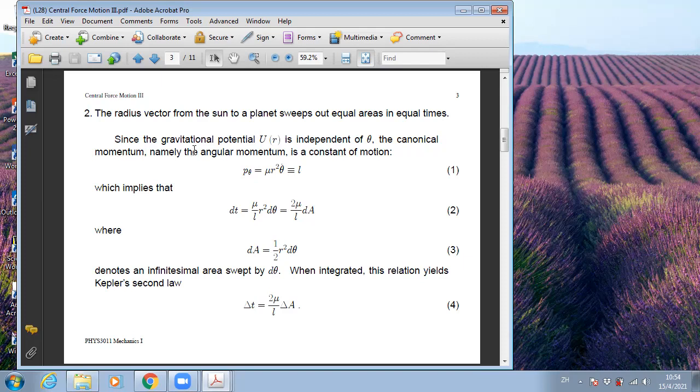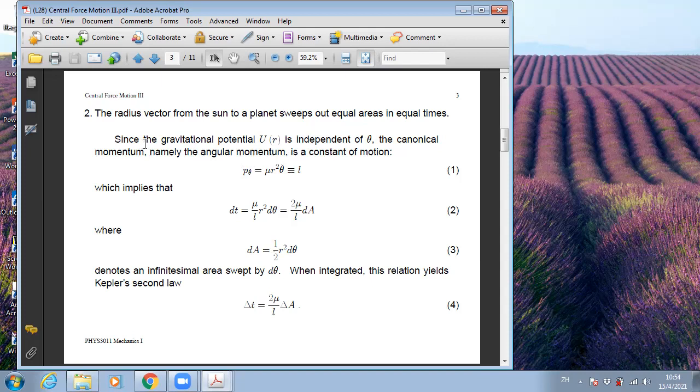Now, to show that this is correct, or to derive this as Kepler's second law, we start with the gravitational potential U(r), which is an inverse square law, all right, which obeys this, the gravitational force obeys the inverse square law, and the gravitational potential is independent of theta.